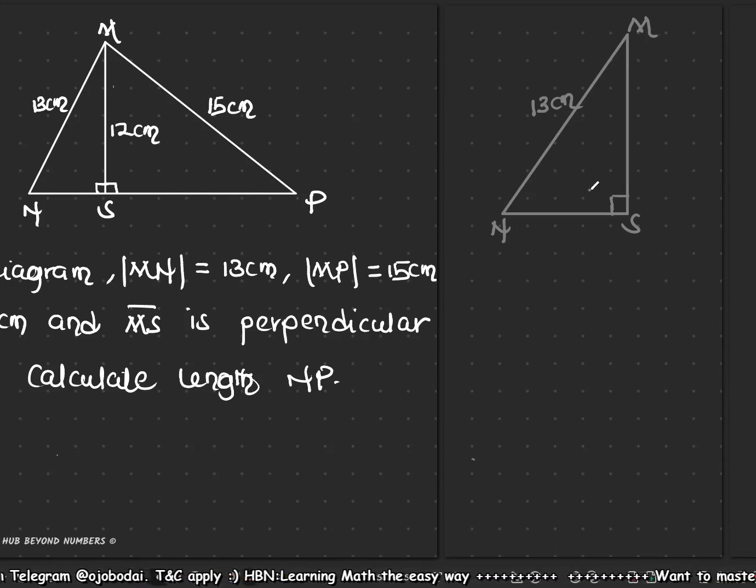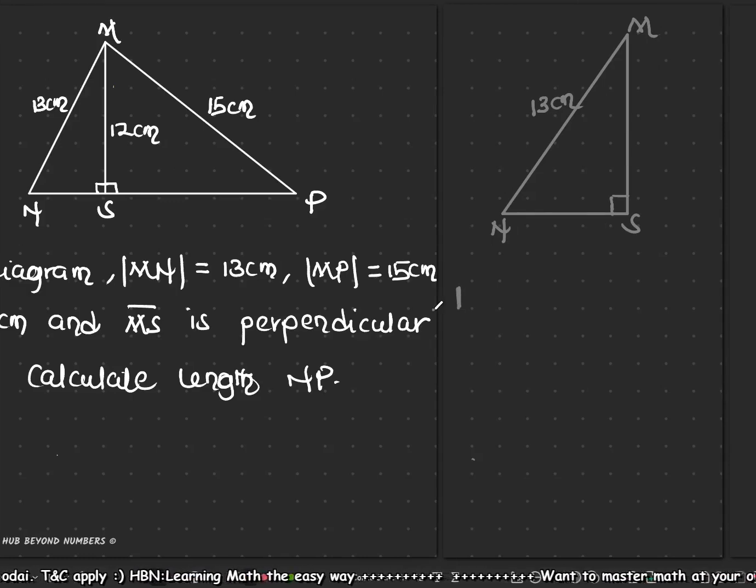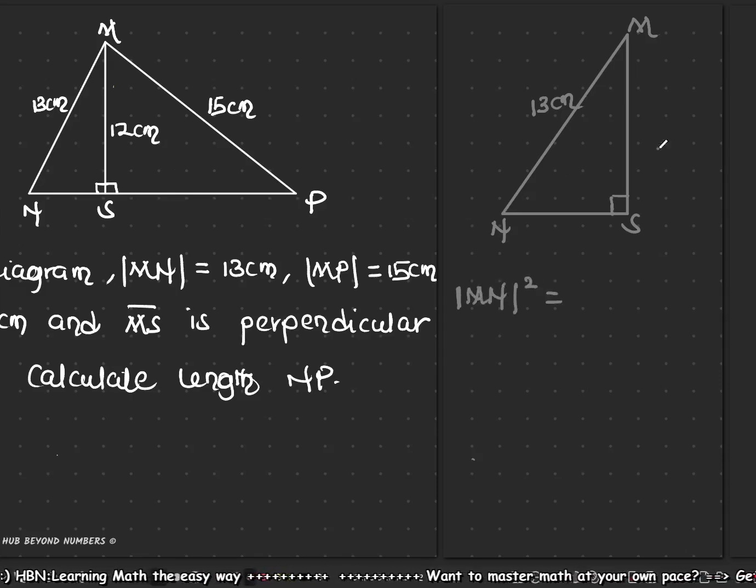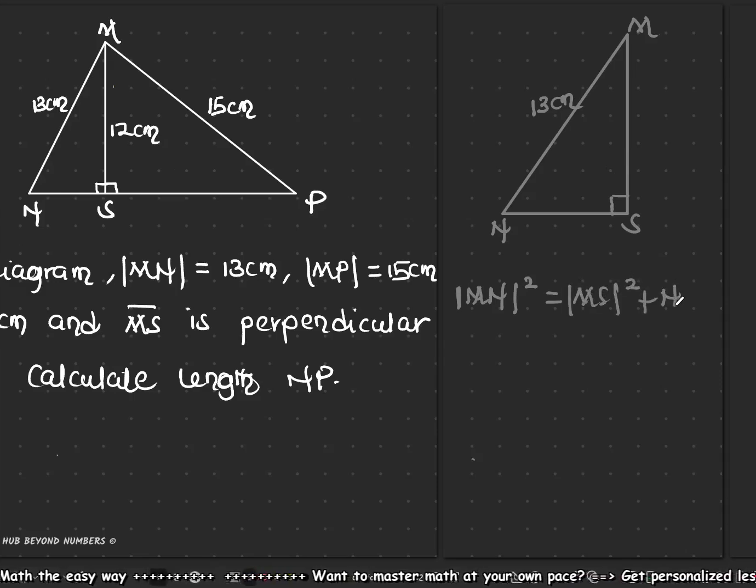From this triangle, that is triangle MNS, the magnitude of the hypotenuse, which is MN squared, is equal to the sum of the squares of the other sides, that is MS squared plus NS squared.